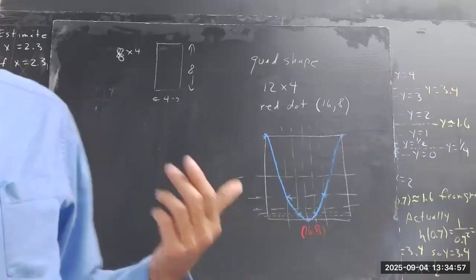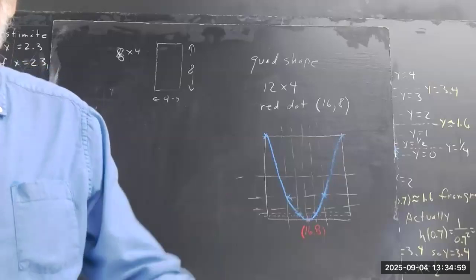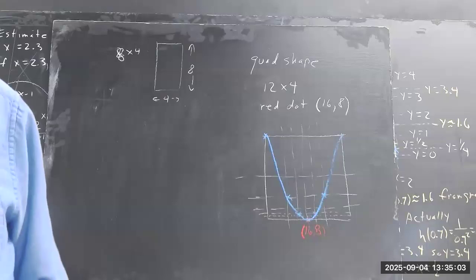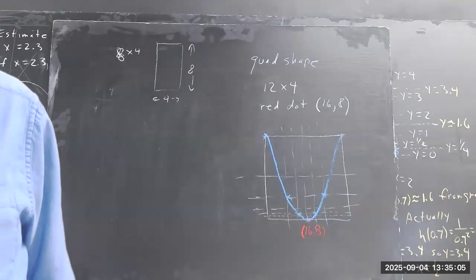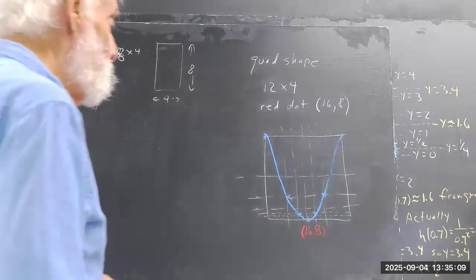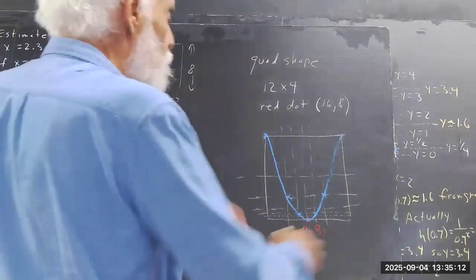For a quiz, if I'd had a 12 by 4, I'd have said, remember that's 12 high. But here I just laid it on you, so some people did a 4 by 12. So for a 12 by 4, 16, 8, it's 4 units wide.